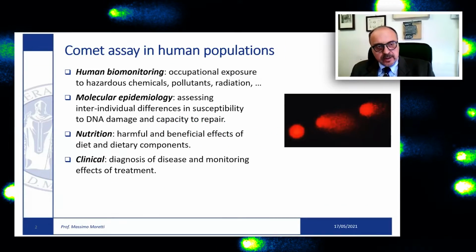Yes, we know that when we use the COMET assay in cells derived from human subjects, we can approach different kinds of studies, such as human biomonitoring studies and molecular epidemiology studies.